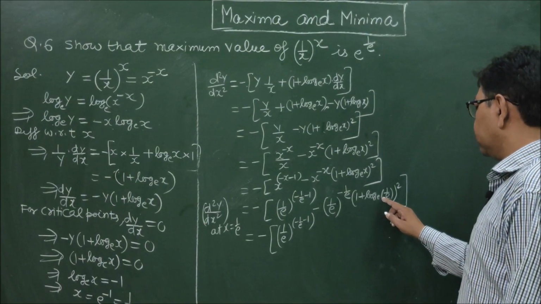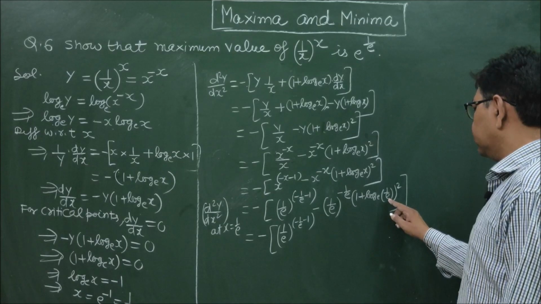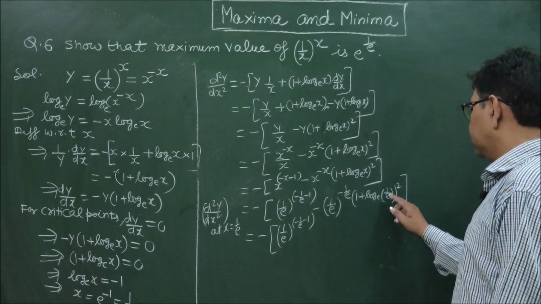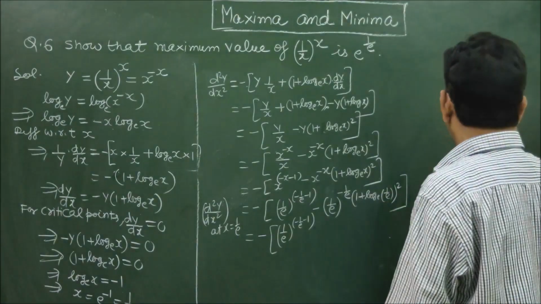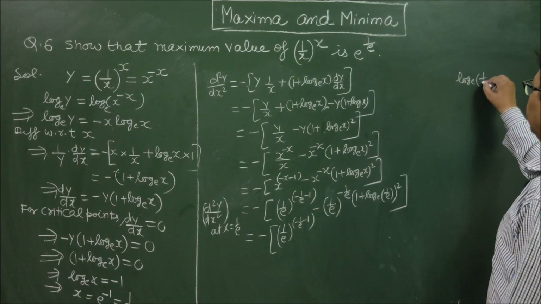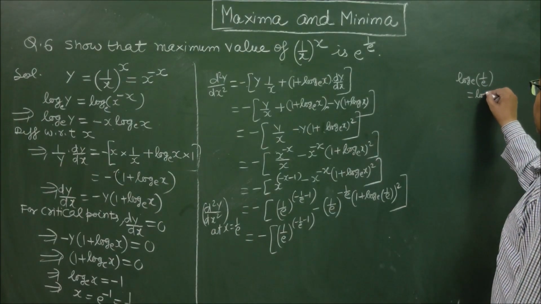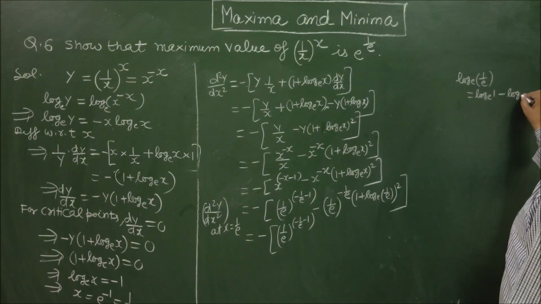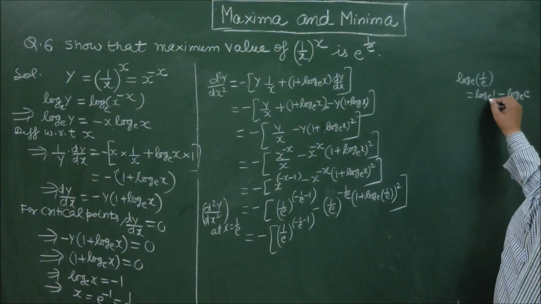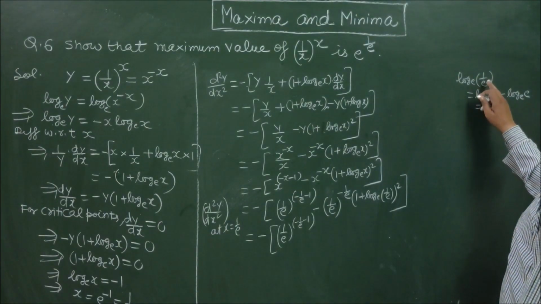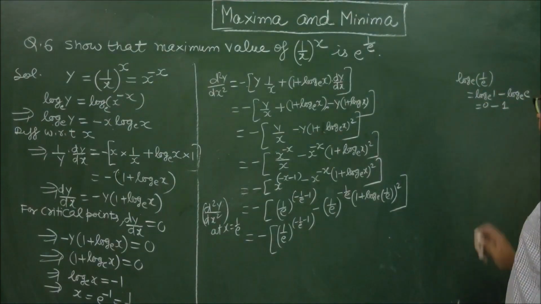So this log base e of 1 upon e is equal to 0, because log base e of 1 upon e is equal to log 1 minus log e. So this value is 0, or minus log e is 1. So the value of log base e of 1 upon e is minus 1.